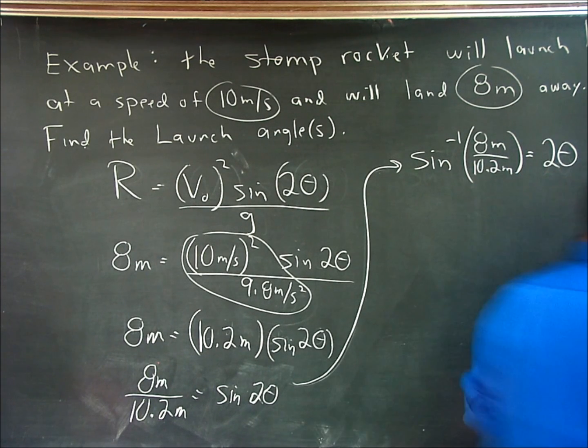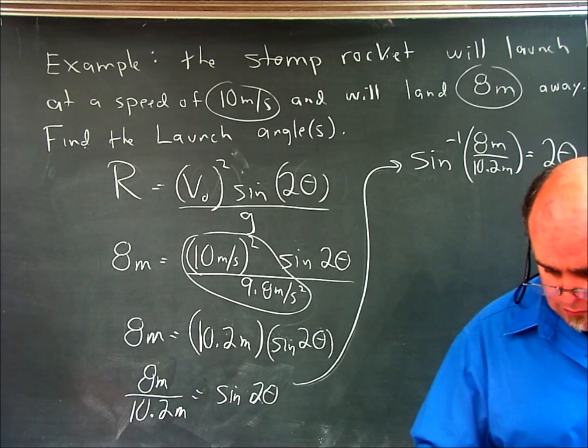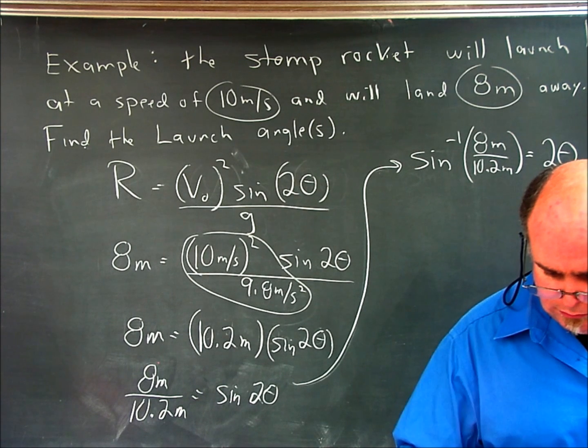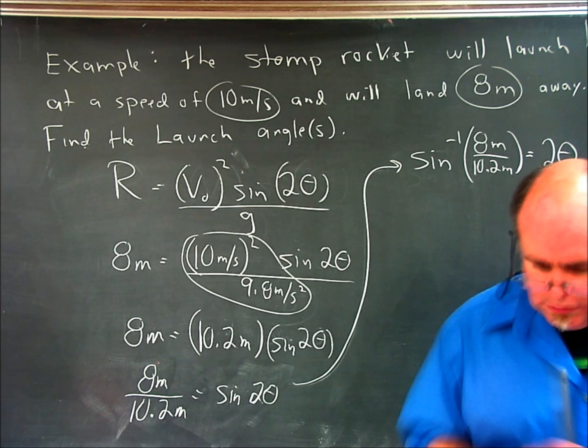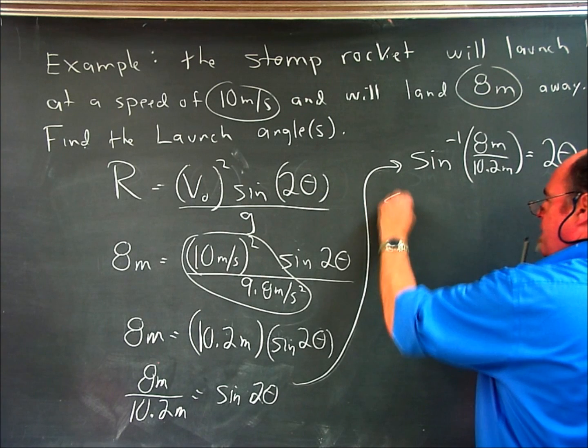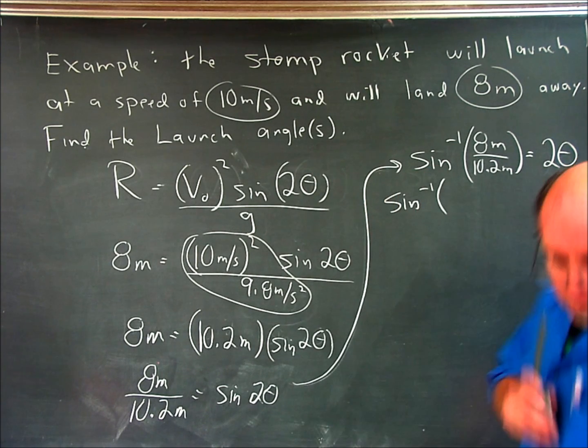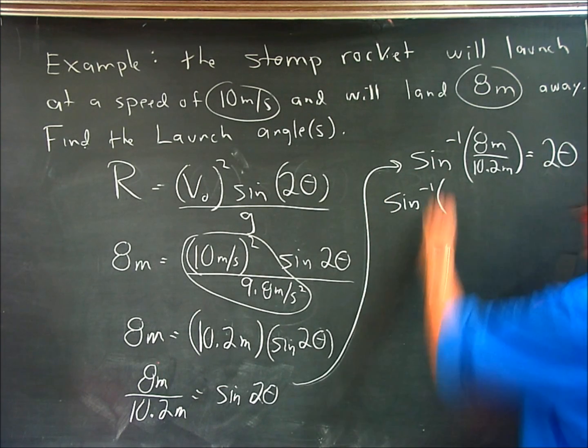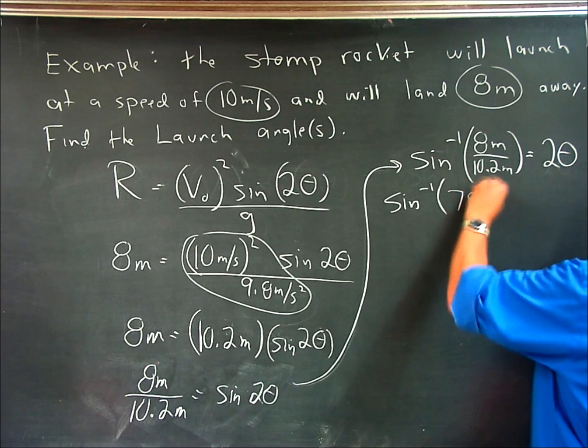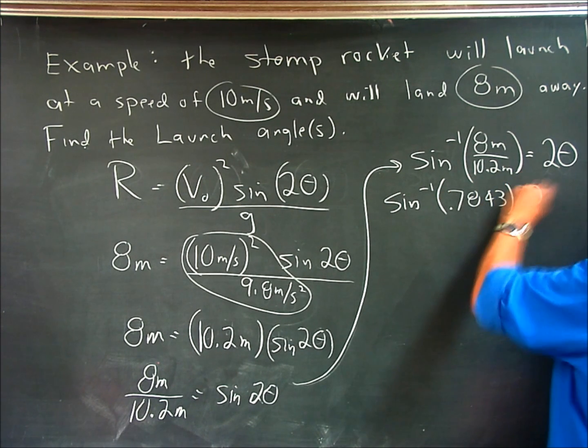So let me do this piece on my calculator. This is going to be the sine minus 1 of 0.7843, and that equals 2 times the angle.